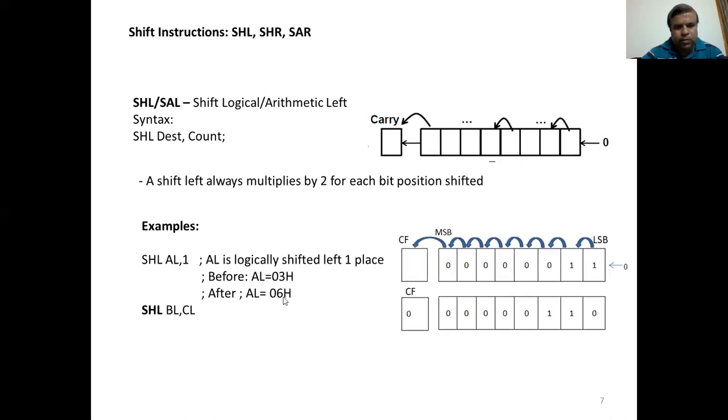So this instruction produces the effect of multiplying the number by a power of 2. Some more examples: SHL BL, CL. In this example, you observe that before executing this instruction, CL must be loaded with the shift count using a move instruction.